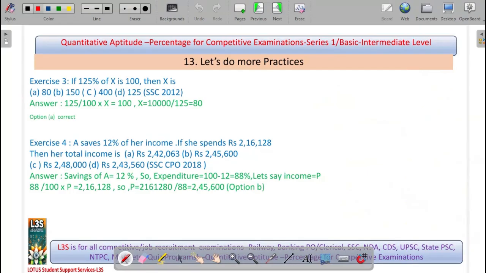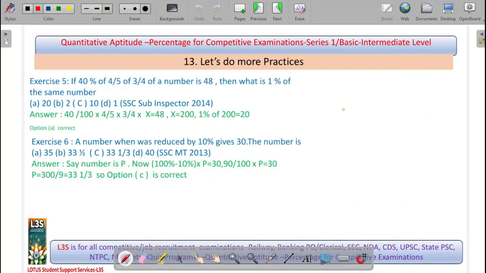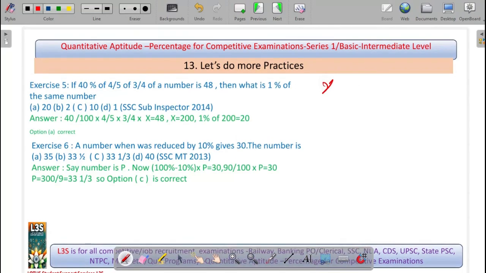Next, exercise 5. If 40% of 4 by 5 of 3 by 4 of a number is 48, what is 1% of the same number? So say the number is x.